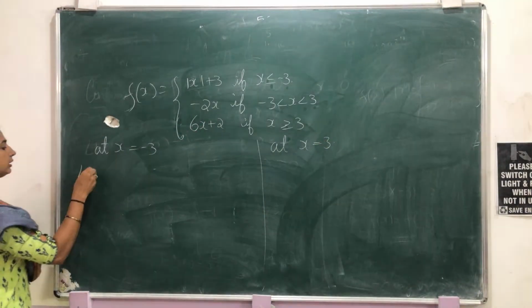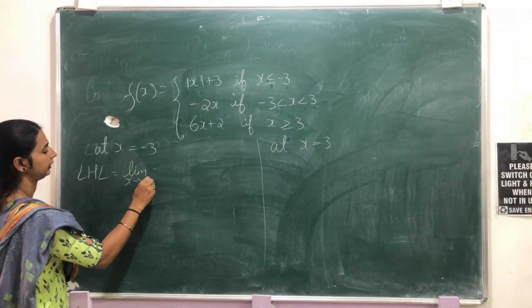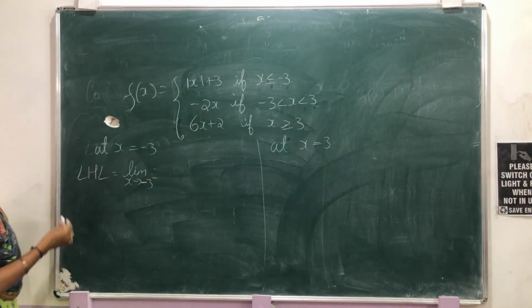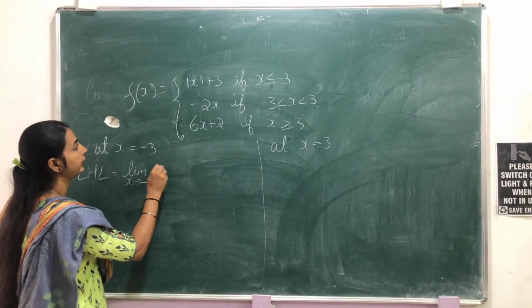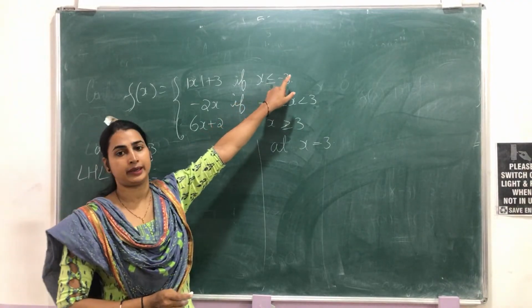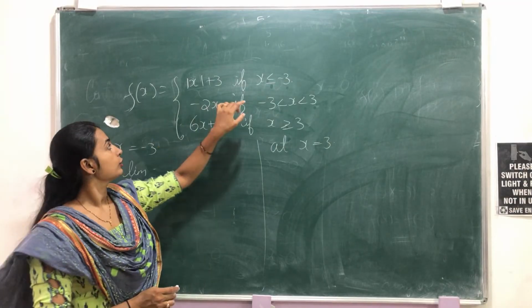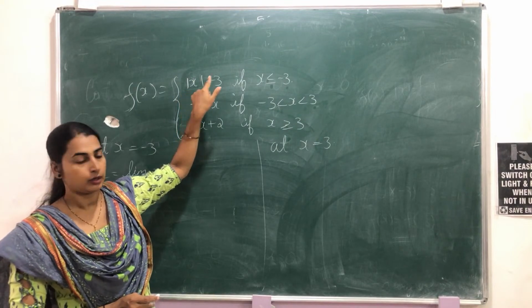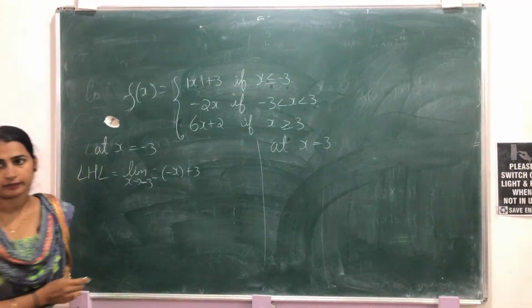So what happens to the left hand limit for minus 3? I mean minus 3 minus, left side of minus 3. So what you are going to get? Mod x. See, minus 3 means negative side of 3. X is less than, right? So for less than 3, this modulus will be negative according to the definition. So you can write this as minus x plus 3. Will you agree?